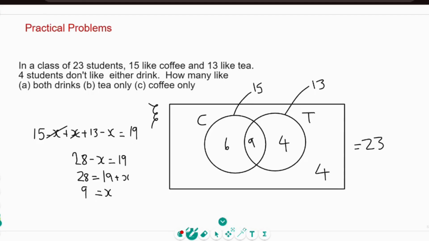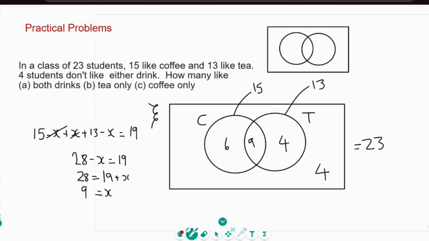I'm just going to show you an alternative way which you might prefer that just doesn't use algebra. I'll just pop it up here. It is really the same method, but let me just show you over here, right? So coffee, tea. Let me just change the colour of my pen. So we knew, right, didn't we? We know that this is all 23.